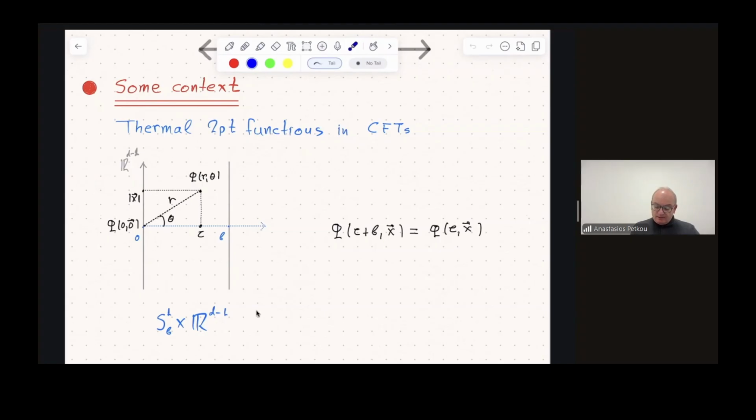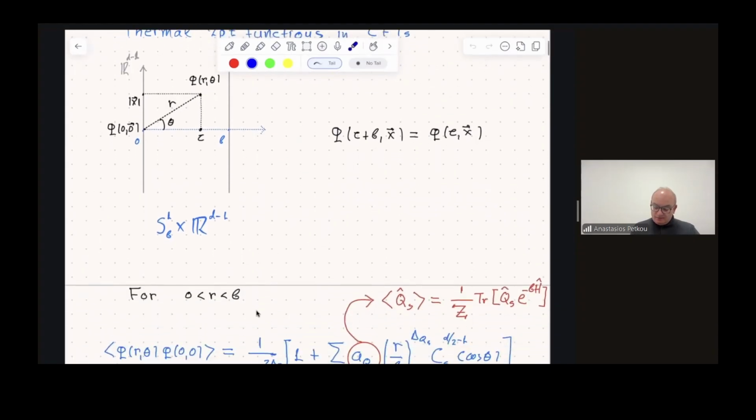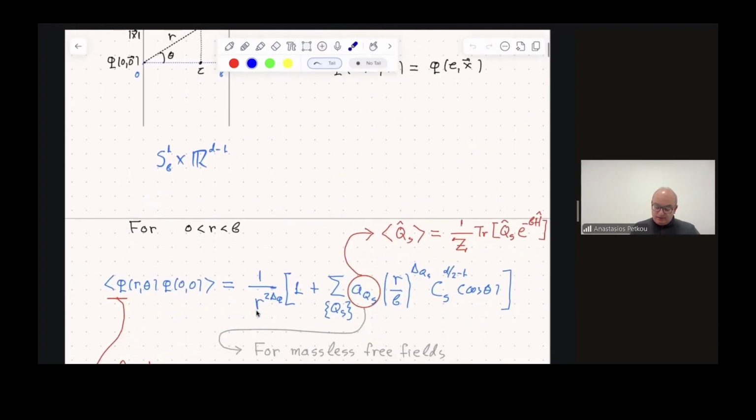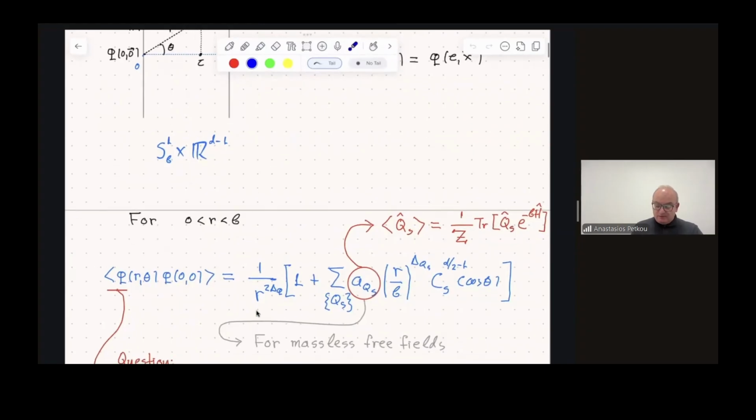The relevant quantities, the relevant variables are explained in this diagram.